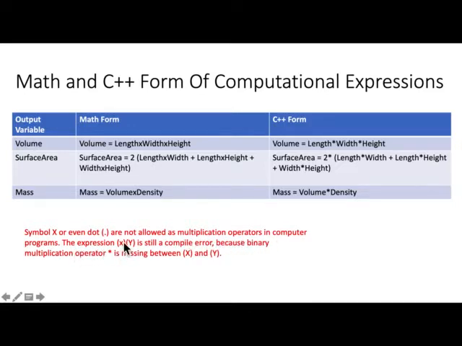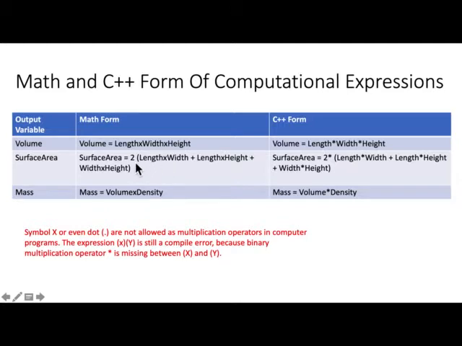The expression X parentheses Y parentheses is still a compile error because the binary multiplication operator asterisk is missing between X and Y. X is not used for multiplication, dot is not used for multiplication, asterisk is the one that is used for multiplication. So going from math to C++ form, I replace the first X with asterisk, the second X with asterisk, and that's my C++ form. Computer program will not accept the math form, computer program will accept that.